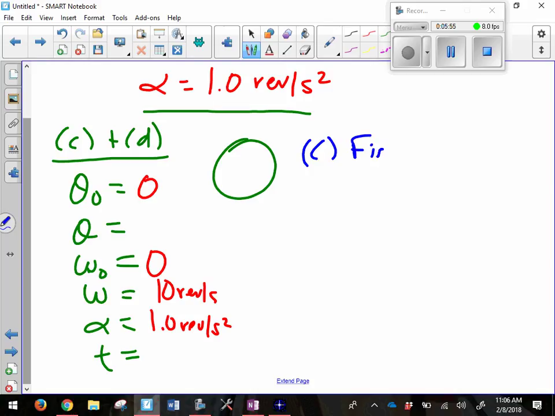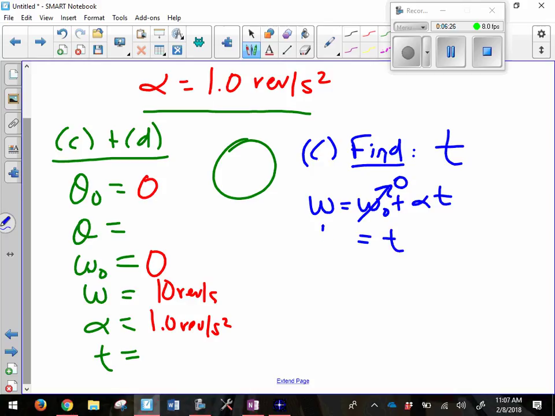So for part C, what's my find statement going to be? Okay. So we're going to look back at our formulas that we wrote down when we had class last, which I think was Monday. And what's my formula? That looks like a good choice. It's the one without position, and we don't have the position.